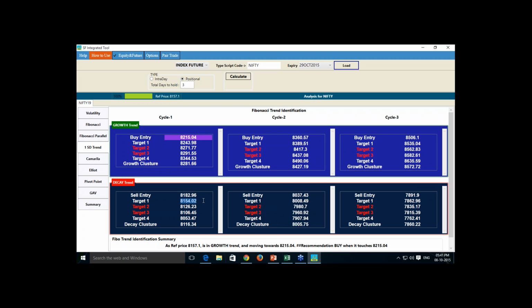So once it moves above that, you can buy. What the opening will be tomorrow, we do not know. Based on the opening, you have to decide. If it still opens below 8157, then just recalculate and get your new values for that day. So this is how you can utilize these things.